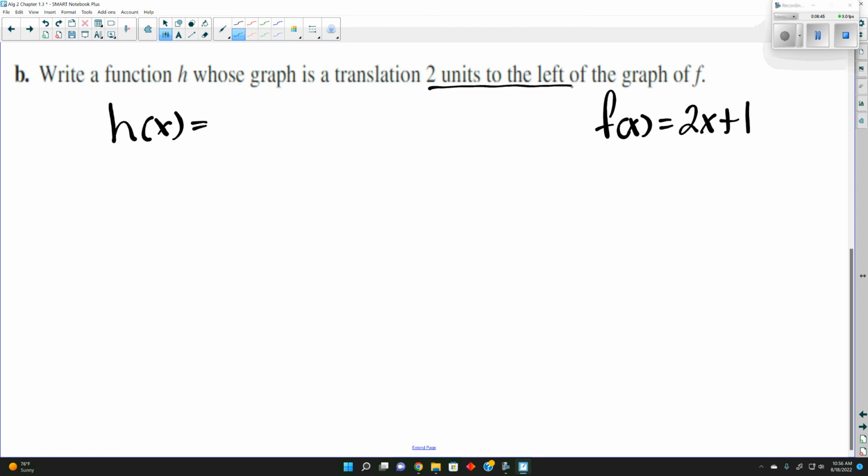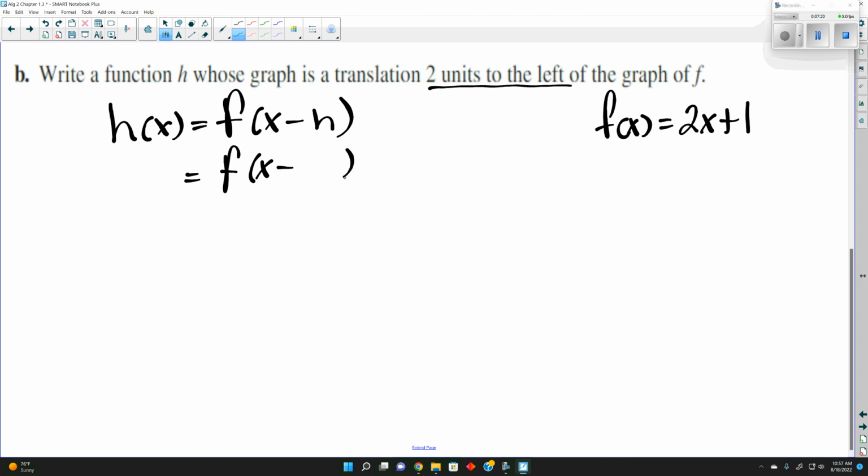When we talk about a translation left and right, we're looking at the general form f of x minus h, where h is that translation to the left or right. So this is just the general form for moving it left or right, f of x minus h, where h represents the value of that movement.